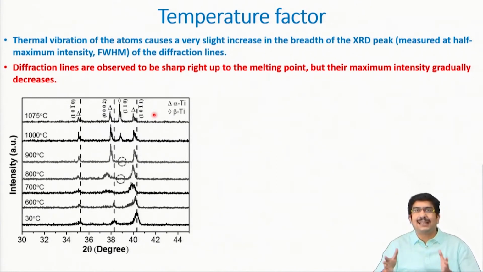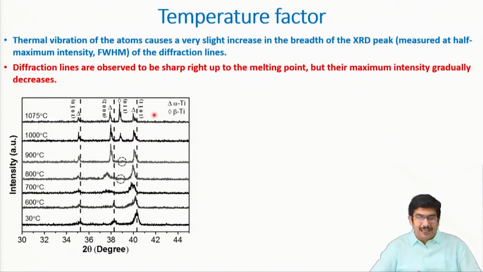This increase in breadth is very small, so the thermal effect on peak width is a minute effect. Mostly, thermal vibration affects the diffracted beam intensity by reducing it, but it does not cause much broadening of the peaks.